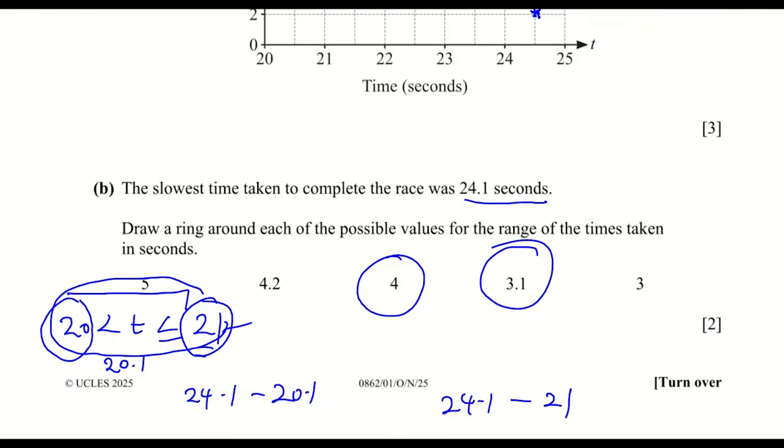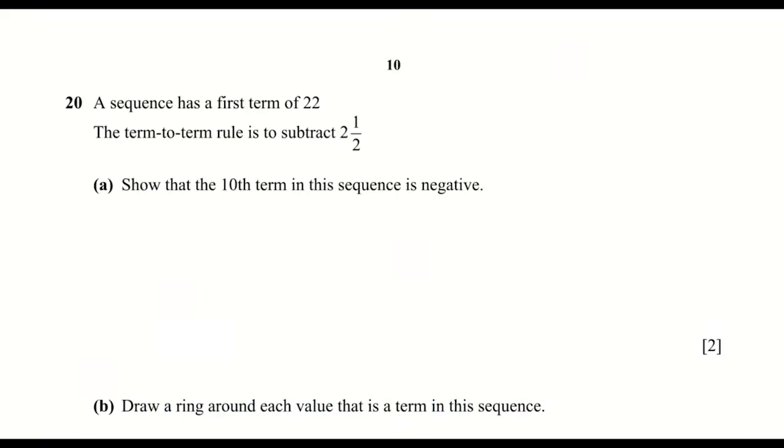So let's go to the next question. That will be question 20. A sequence has a first term of 22. The term to term rule is to subtract 2.5. Part A, show that the 10th term in this sequence is negative.